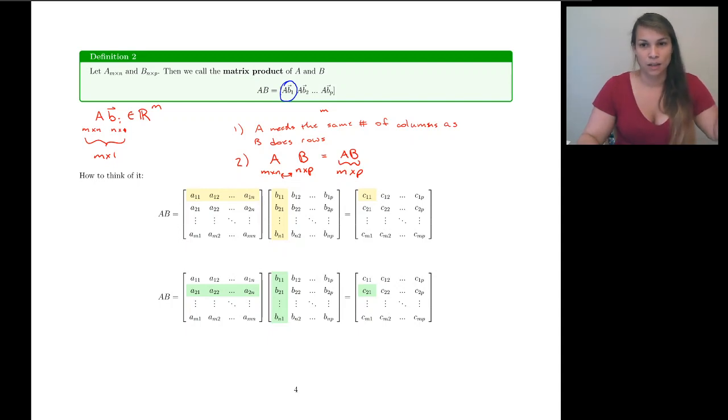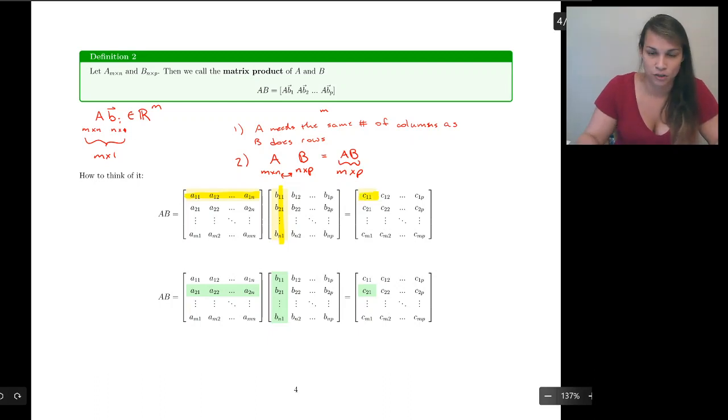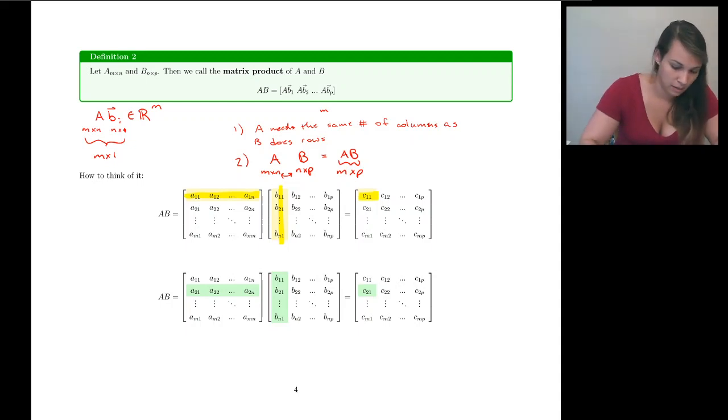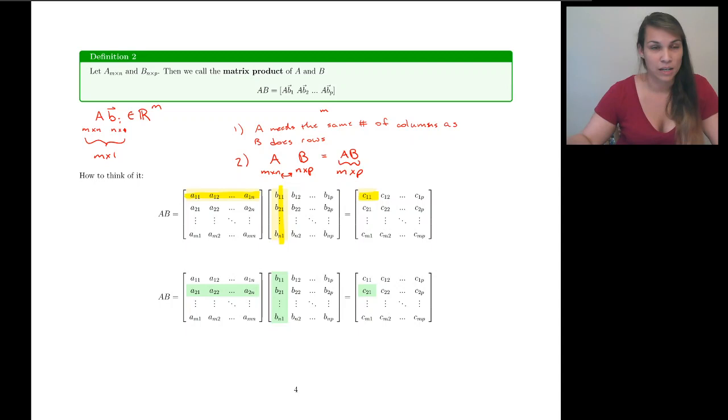So that's going to be the top row of A times all of B1, which is what I have highlighted down here. Notice I'm not doing row times row because B1 is a column vector, not a row vector. And we already discussed how we take a vector that is a column and we multiply on the rows. So same deal with matrix multiplication because vectors are just really skinny matrices.